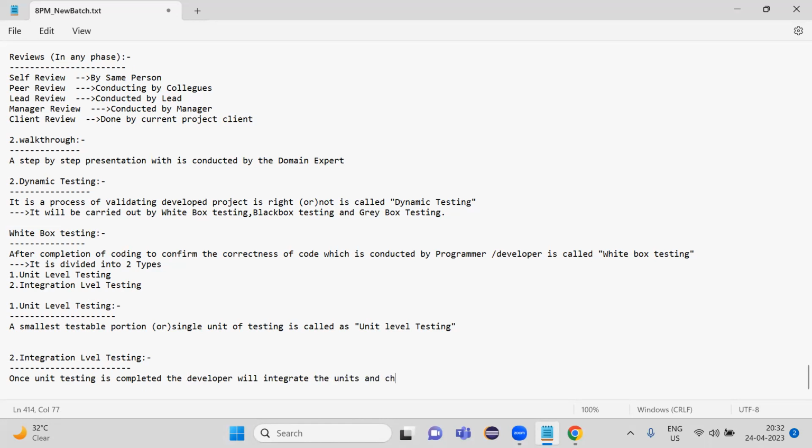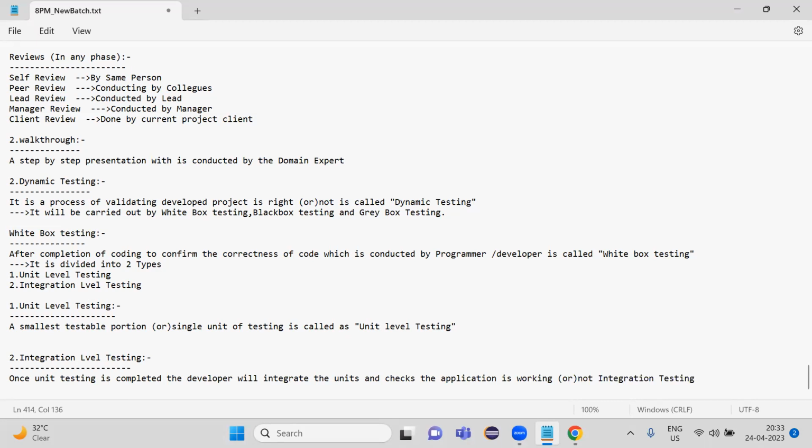That is called integration testing. Or you can say it is a combination of units. Clear? It's called integration testing.